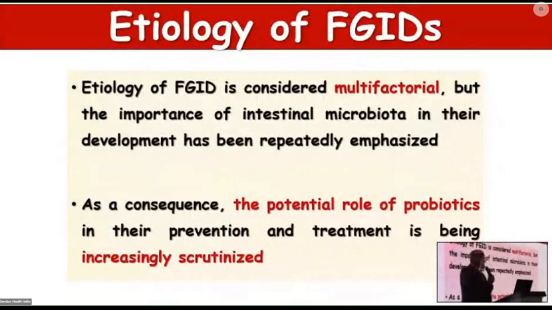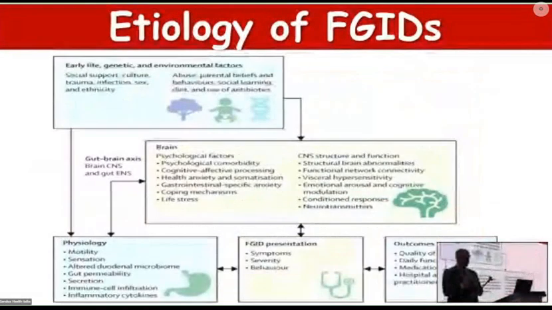Actually, the etiology of functional gastrointestinal disorders is multifactorial, but in recent years the importance of intestinal microbiota in their development has come into focus. A lot of studies nowadays are focused on the potential role of probiotics in prevention and treatment of functional gastrointestinal disorders.